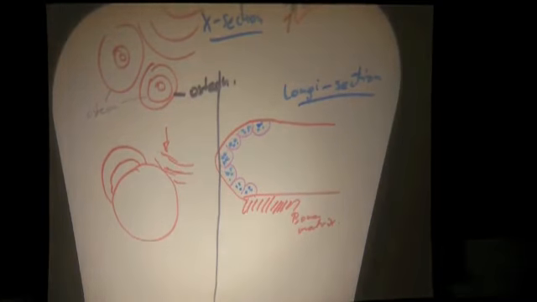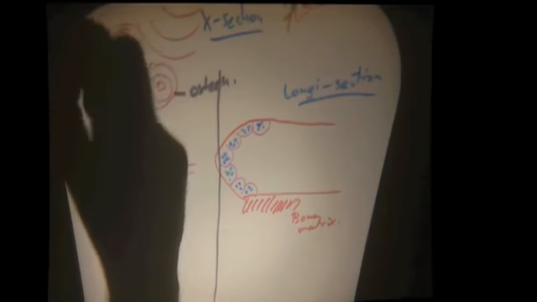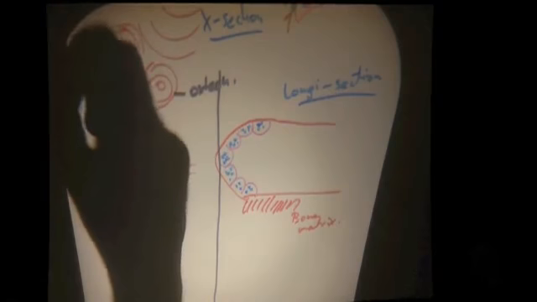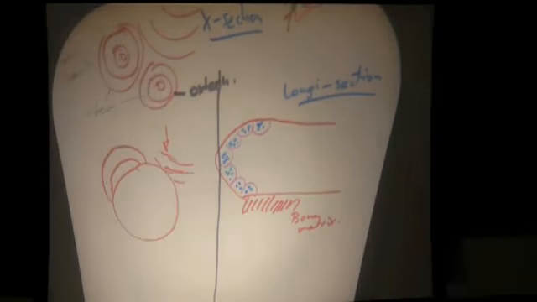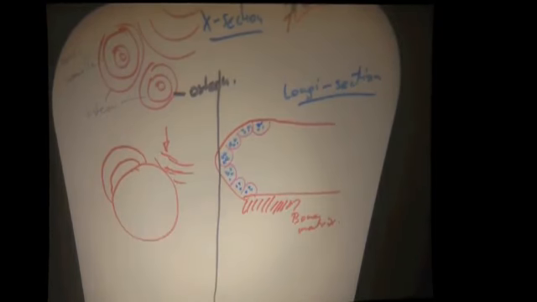Okay, so we have our concentric lamellae. Now what we have is an open space that was opened up by these osteoclasts as they went through this bone.